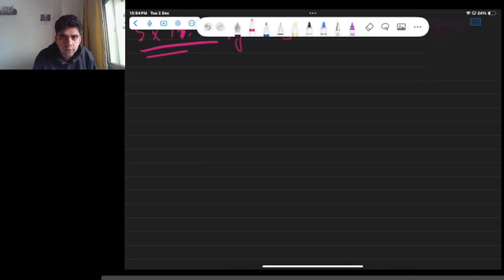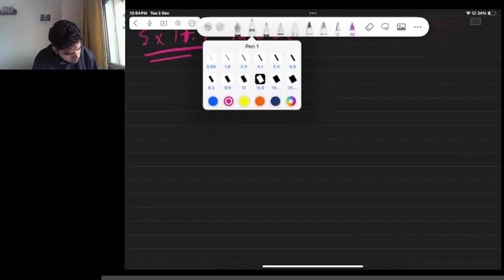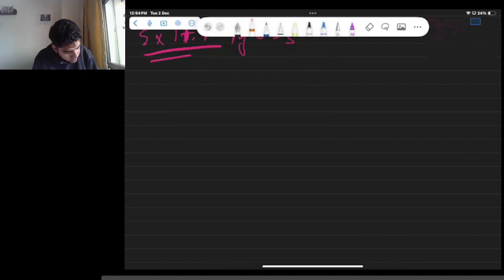Right, so let me just zoom in a bit. Now let's just change the ink. Find the stationary points of f(x, y) and classify them. We need to find the stationary points and then we have to classify them.